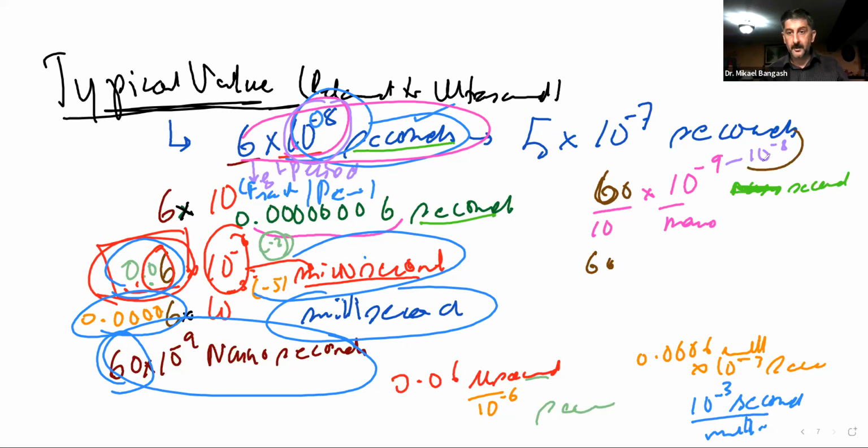And then we just compare this. Take this 10 raised to the power minus 8 seconds, where this 10 raised to the power minus 8 is 1 decimal place greater than a nanosecond.